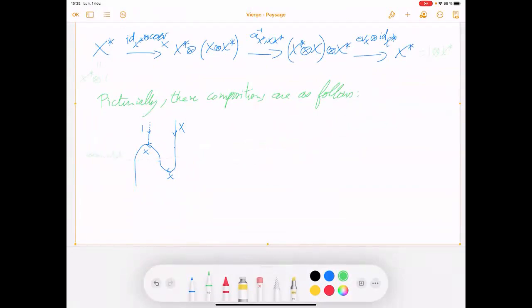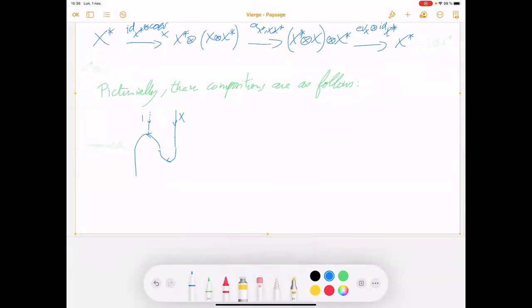Associativity. Okay. So this is coev x here. So I will write how to write that better. So here it's coev x. Here it's evaluation x.